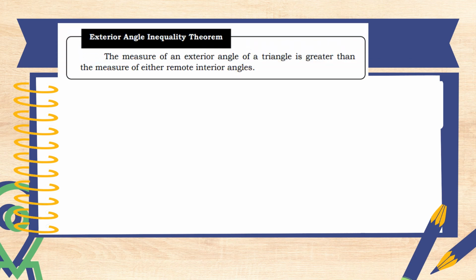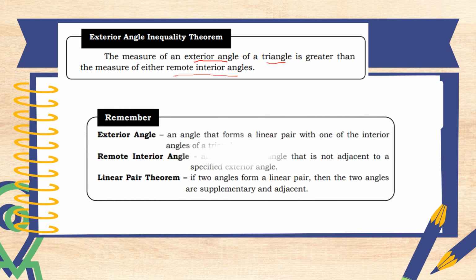We now have the exterior angle inequality theorem. The measure of an exterior angle of a triangle is greater than the measure of either remote interior angle. Remember that an exterior angle is an angle that forms a linear pair with one of the interior angles of a triangle.